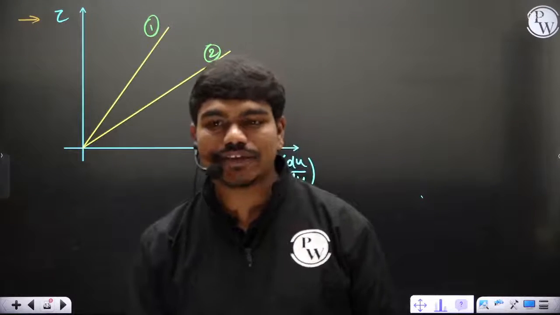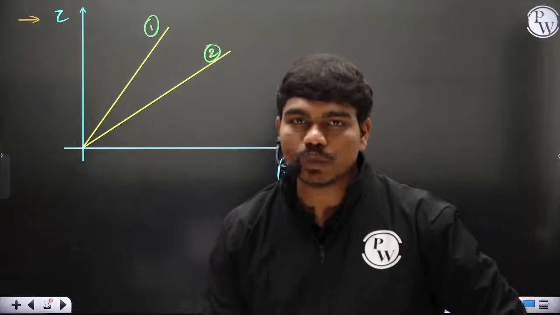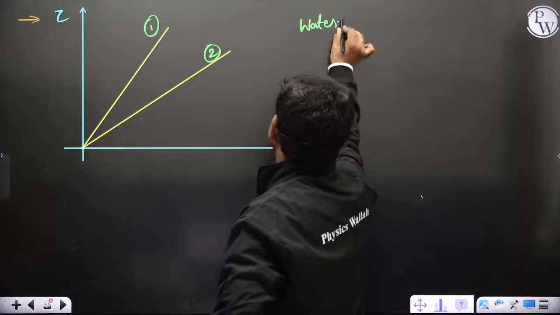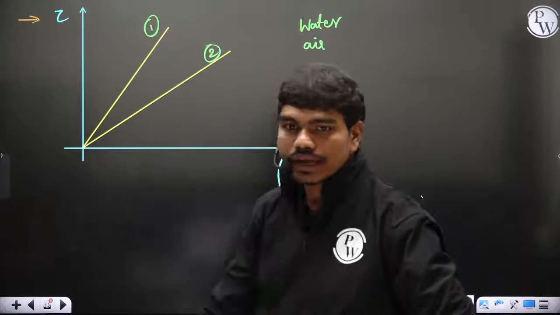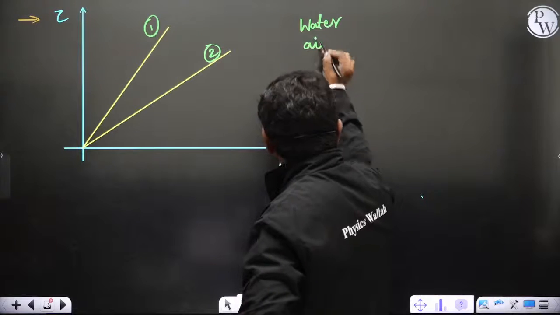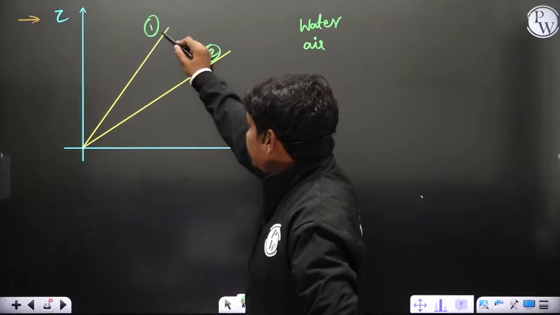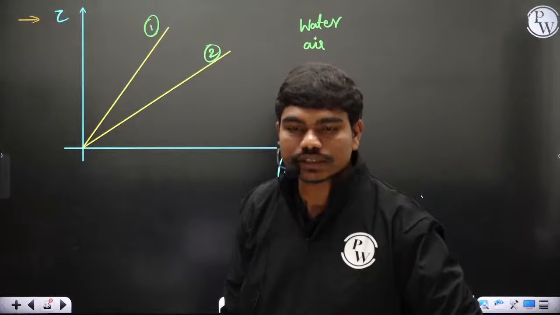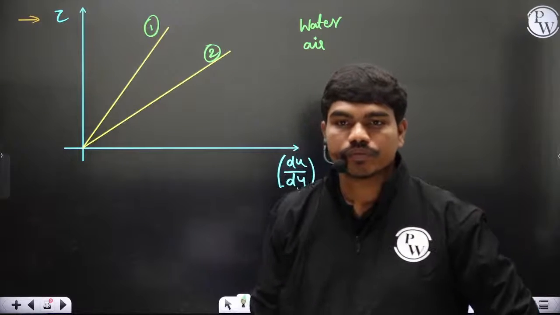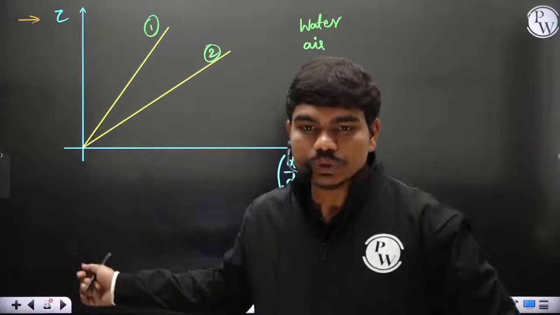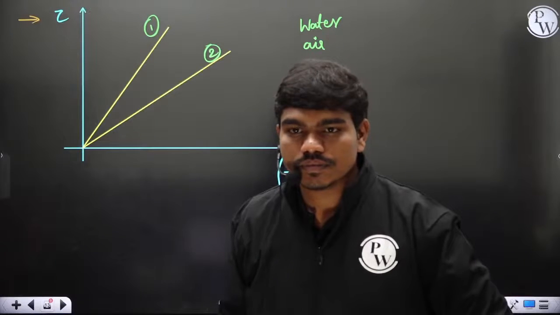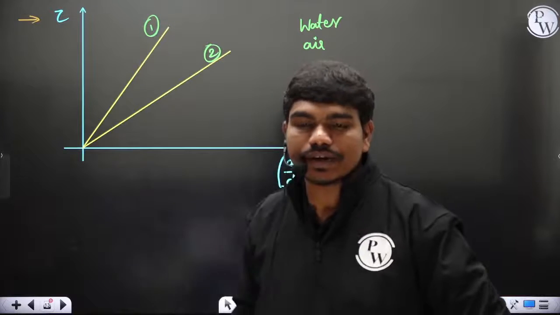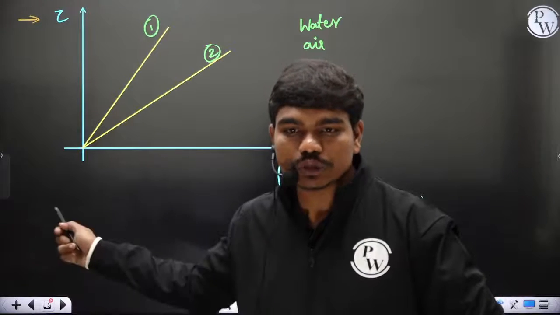These are the tau versus du by dy graphs of two fluids. Out of these two fluids, one is water and another is air. Can anyone tell me out of these two, 1 and 2, which is water?